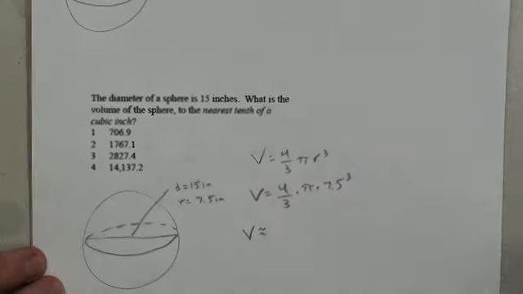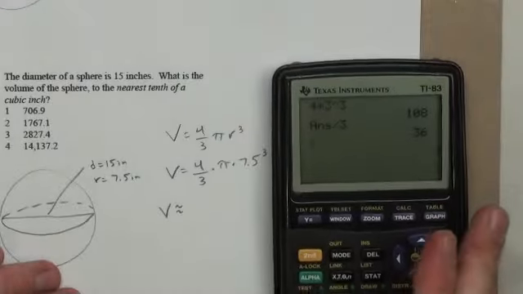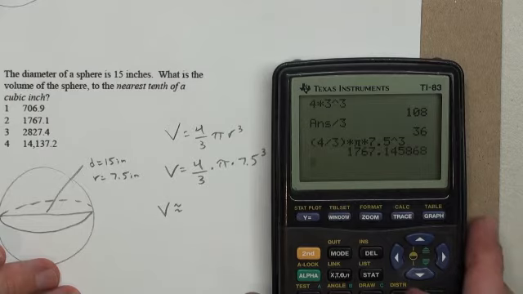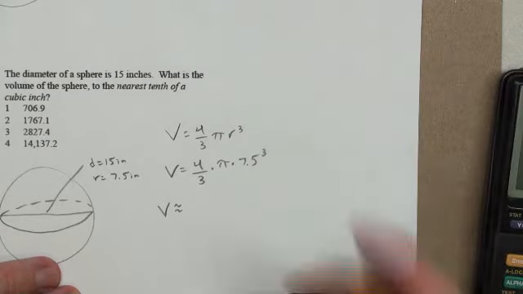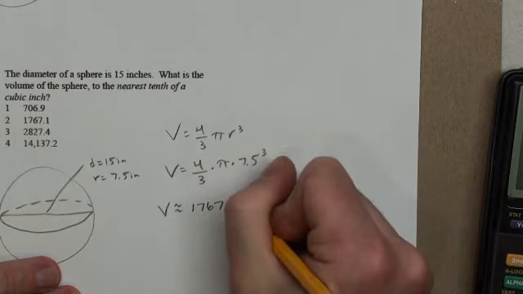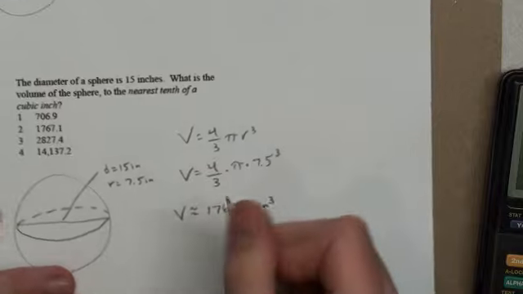So the volume is approximately, this time we're plugging pi in, 4/3 times pi times 7.5 raised to the 3rd, 1767.1. And that's inches cubed.